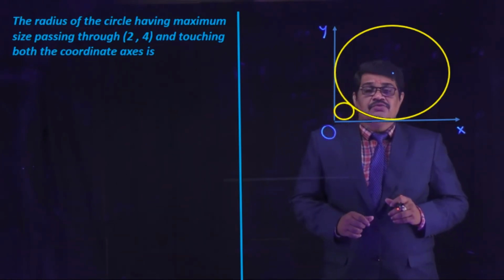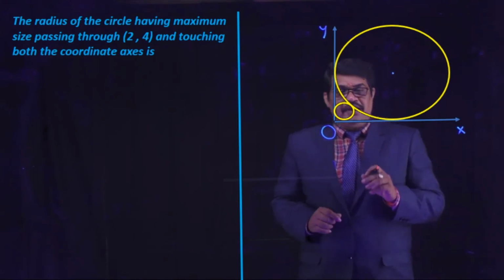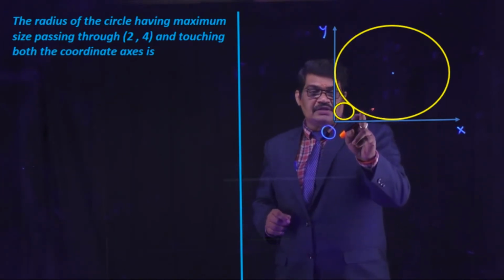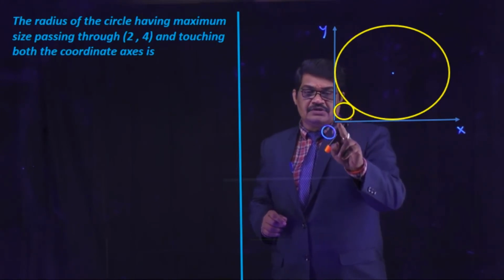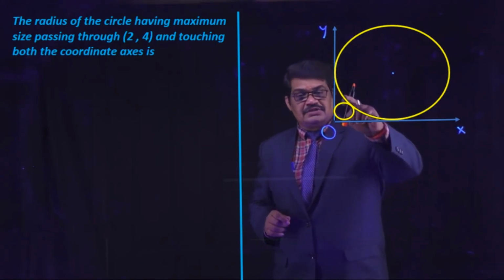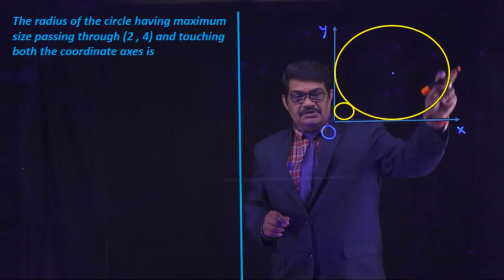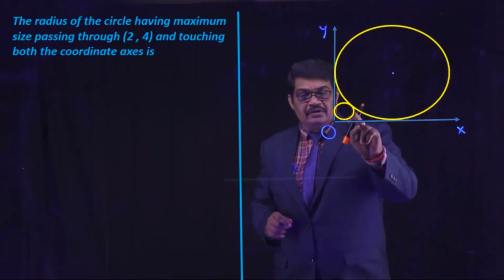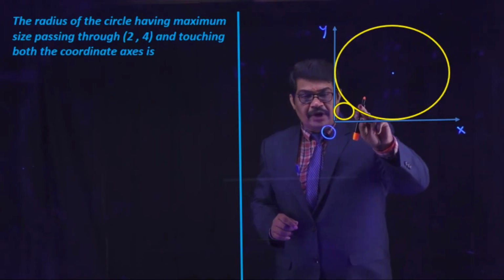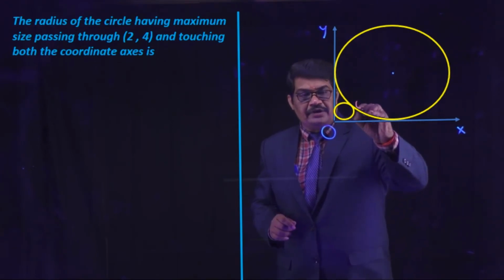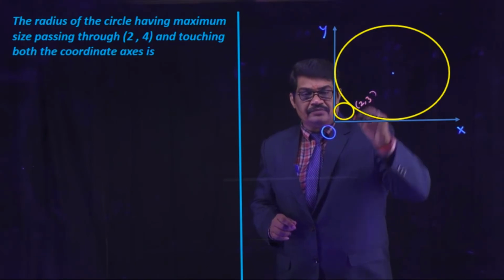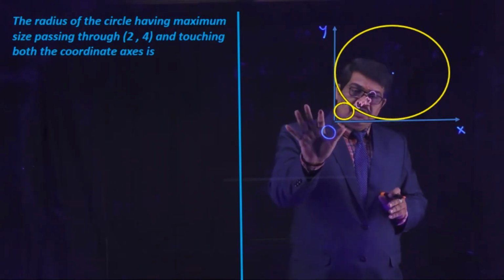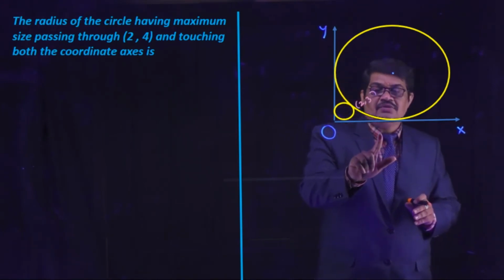These are the two circles passing through the point 2, 4. This is one smaller circle and this is a bigger circle. These two circles pass through this point, say the point 2, 4, and touch both the coordinate axes.